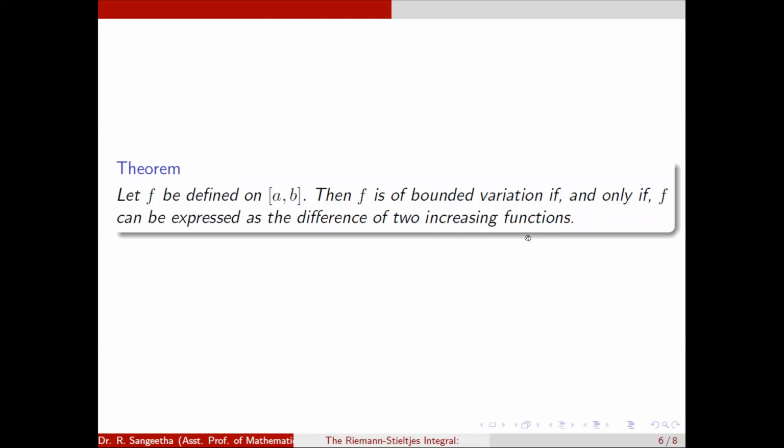The converse is also true: if we can write a function as the difference of two increasing functions, then the function must be of bounded variation. That's why we have given if and only if. I'm also not going into the proof of this theorem because it is not in your syllabus, but to understand our theorem, we need to know this.